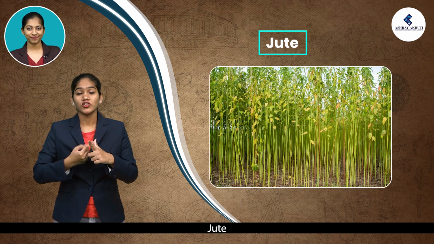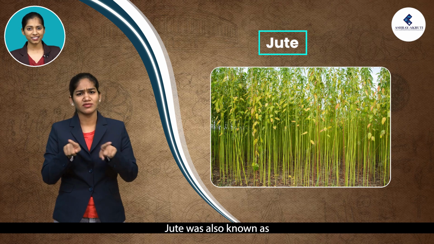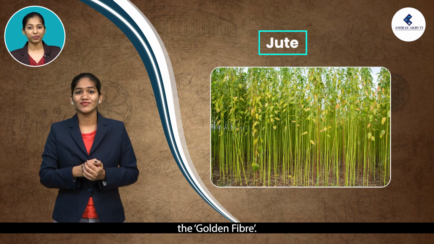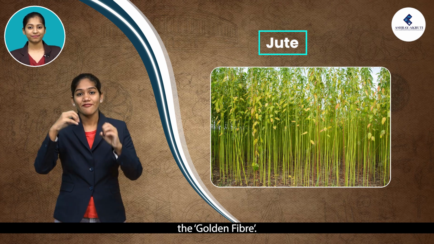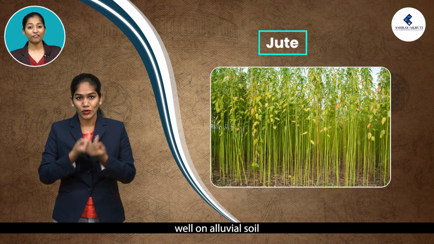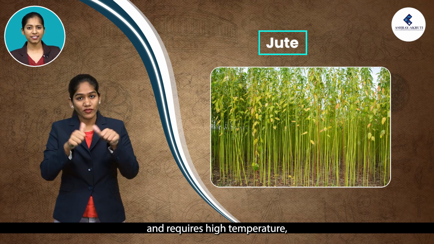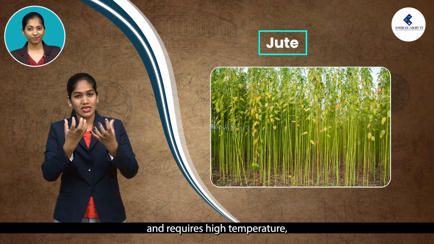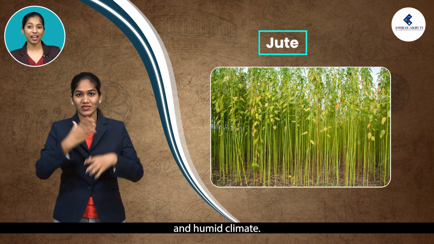Jute. Jute was also known as the golden fiber. It grows well on alluvial soil and requires high temperature, heavy rainfall, and humid climate.